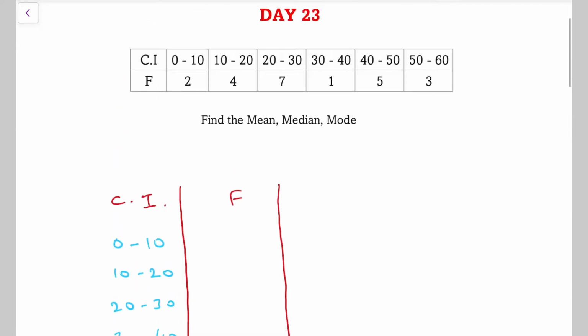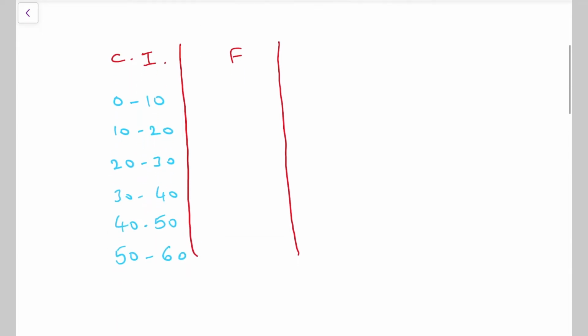Then writing frequencies 2, 4, 7, 1, 5, 3. From the given question, first row class interval you write here as the first column, second row write it as the second column.